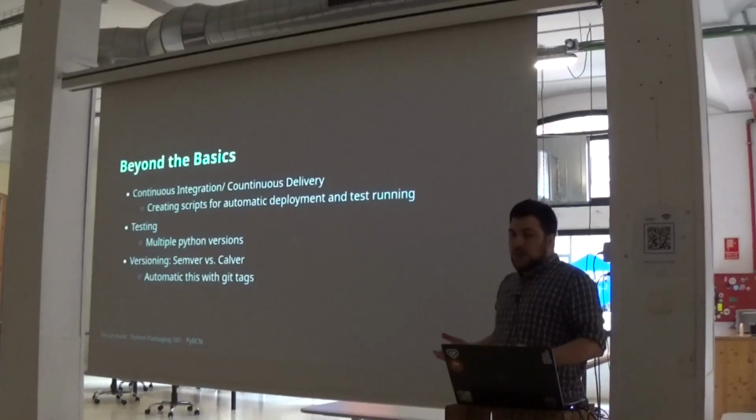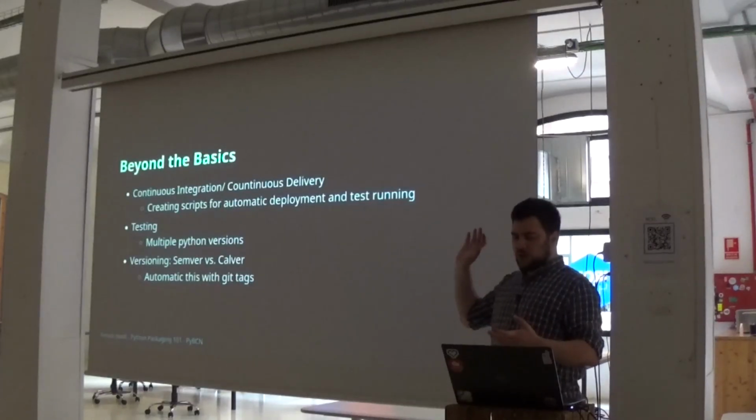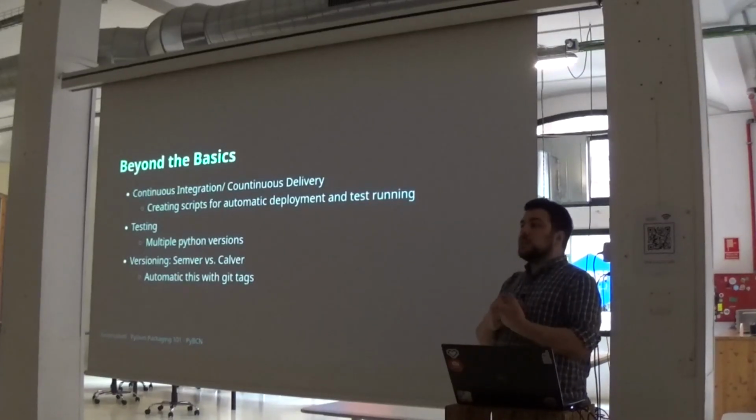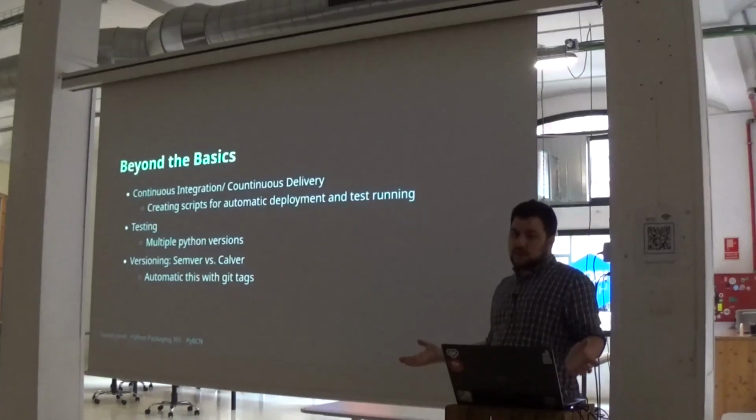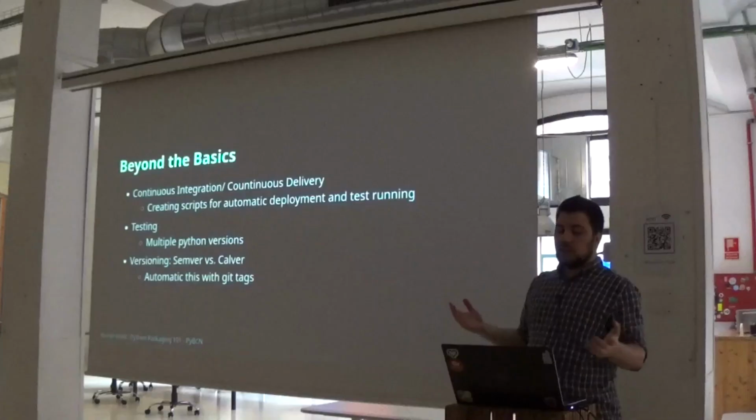Of course, as you saw before, we required at least a minimum version of Python, which is 3.10. But of course, we have already 3.11, and 3.12, I think it's due in October. So of course, you want to check that your code works in all the possible Python versions that people can install it under.